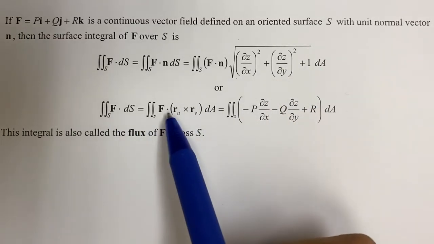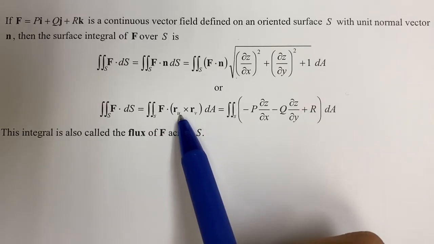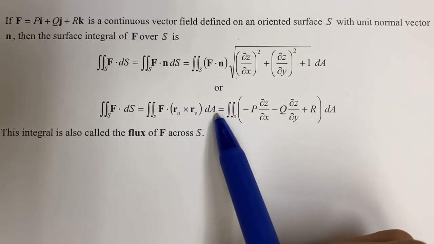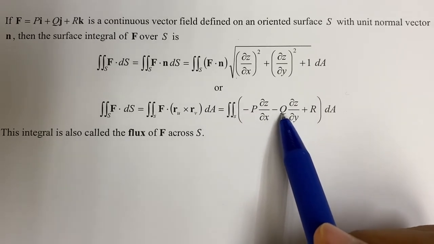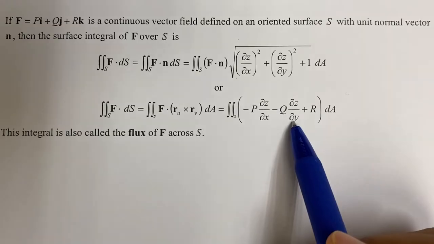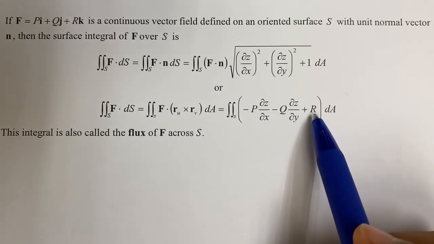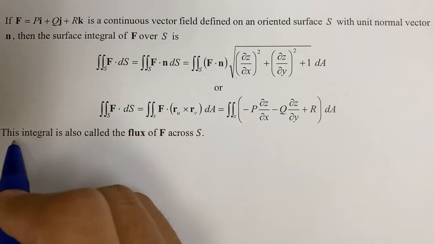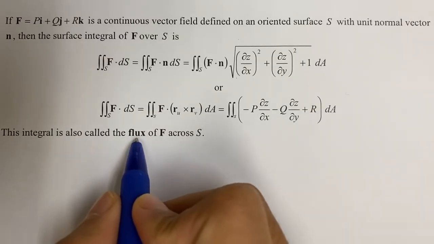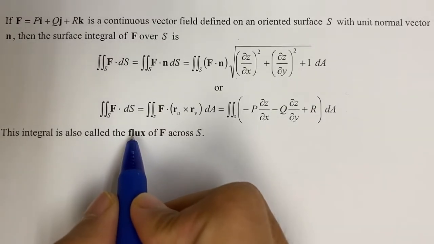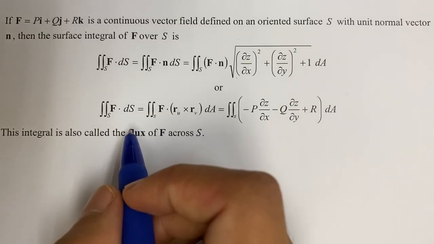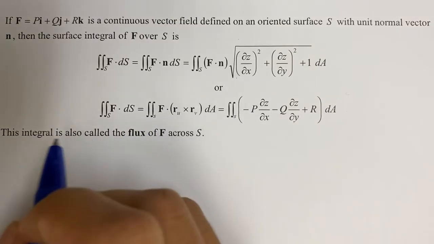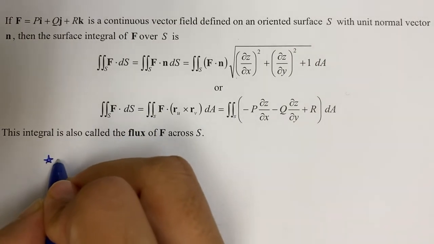Or we have the double integral F dot ru cross rv dA, or equal to negative P del z over del x minus Q del z over del y plus R. For positive n, this integral is also called the flux. When we find the surface integrals for the vector field, we find the flux. So one thing you need to know is n.